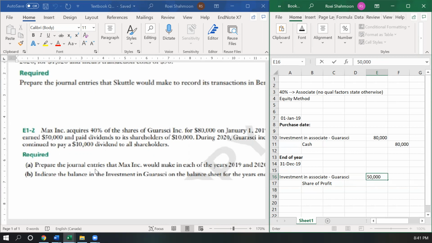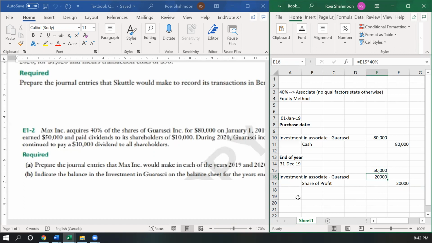I'm taking everything on the table. Am I supposed to take everything from the table? No. I only get 40% of that. I get 20,000. I get 40% of the 50,000. So I get in total $20,000.